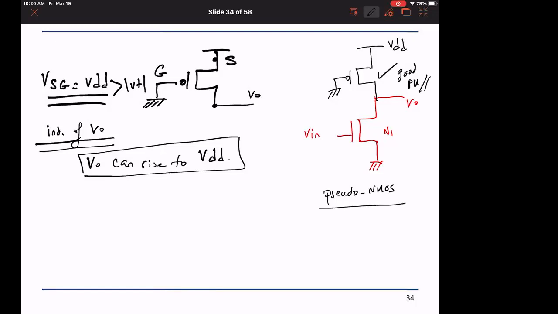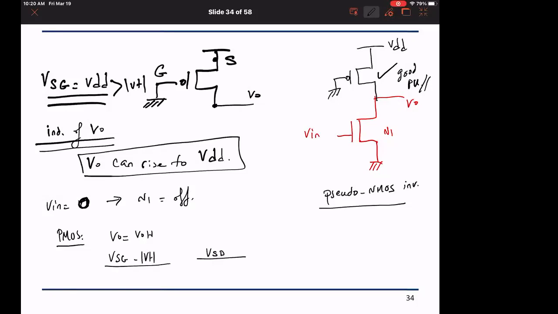Okay, so for this pseudo-NMOS inverter, let us say that I want to solve for VOH. So I will set Vn to be equal to 0, for example. This means that N1 will be off. And if VO is equal to VOH, which is large, then for the PMOS I will have two quantities, VSG minus the magnitude of VT, and VSD.